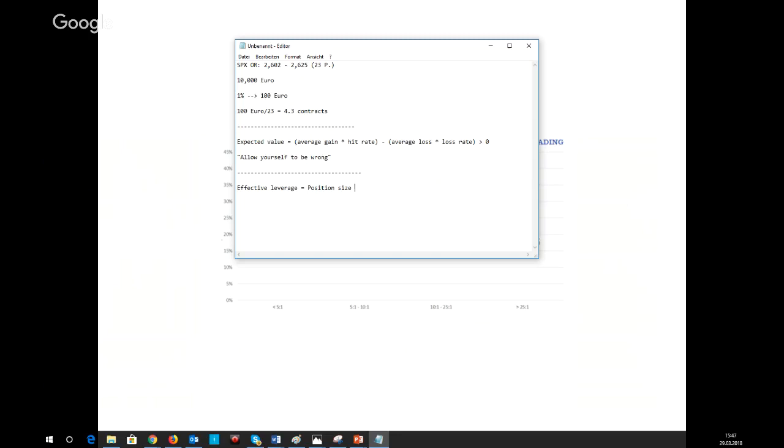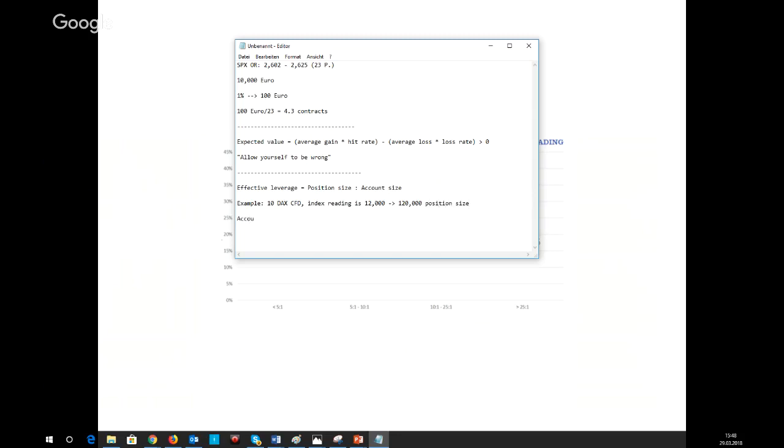And you divide this number, 120,000, by the account size. In fact, if you're trading a 10,000 euro account, for example, that means that your effective leverage is 12 to 1. So again, example: index CFD, index reading is 12,000, we are going to 120,000 in terms of position size.